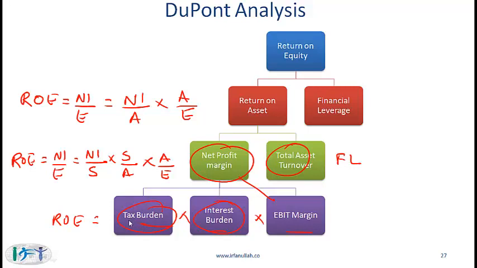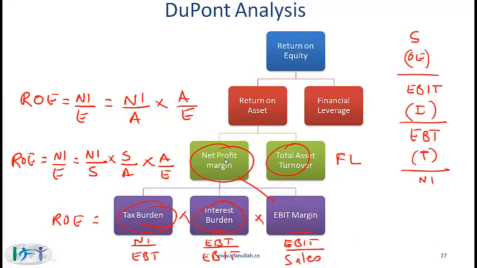And I will create a very simple balance sheet to illustrate this concept. Notice that our net profit margin can be written as the product of these three ratios. So net income over sales is equal to net income over EBT, earnings before tax.